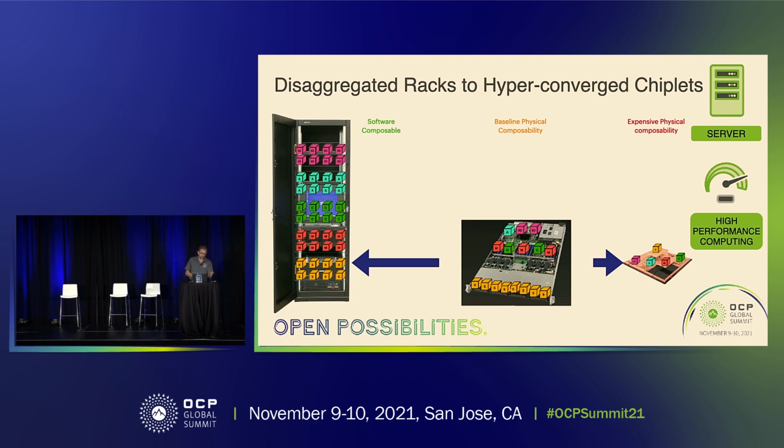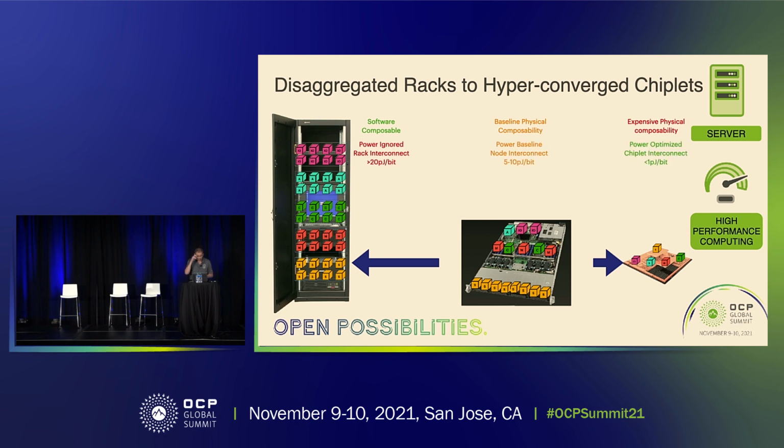So the rack is software composable. That's the nice thing about it. No resource goes stranded. On the right, it's really expensive physical composability. You have to put chiplets in a package for millions of dollars. So composability is possible, but really, really expensive at the chiplet level.